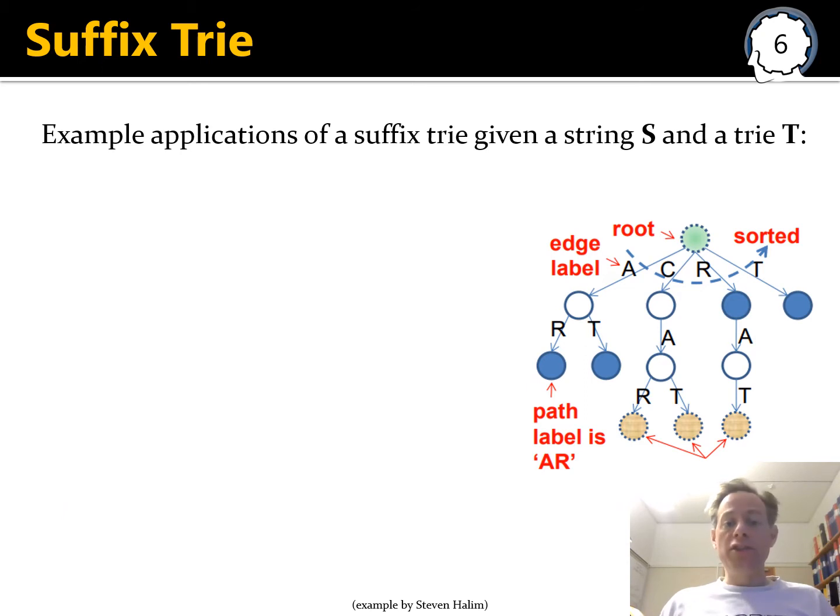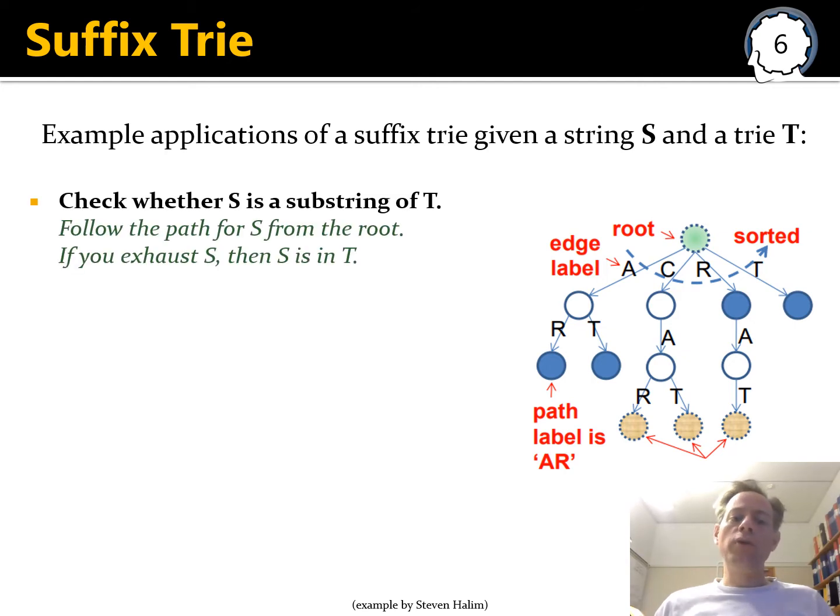If we now have this trie, so we built a trie of a given string T, then we can do a number of things. First of all, we can check whether S is a substring of T. Basically, now we just have to follow the path of S from the root. And if you finish S while you still have a path to follow, then you know that it's a substring.